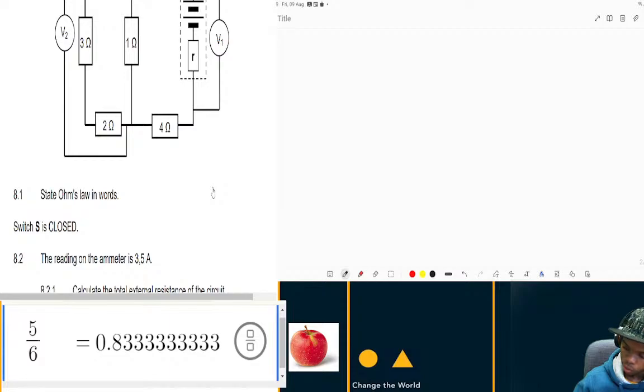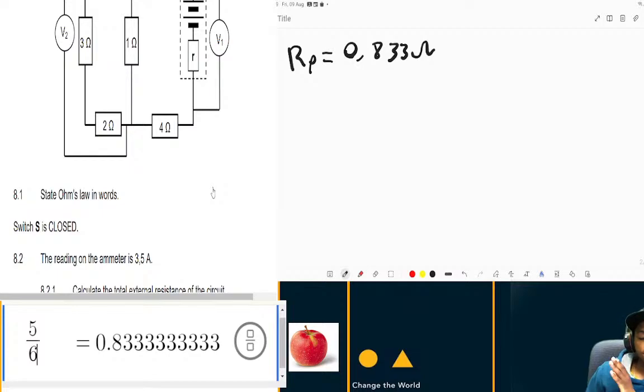So now that we know our R parallel is equal to 0.833 ohms, we will take it to 2 decimal places in the final answer. For now, let's keep it at 3 decimal places.